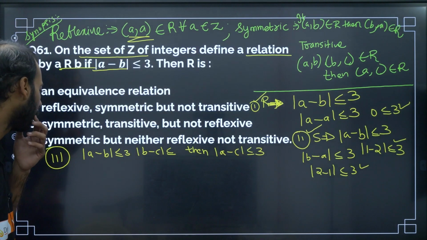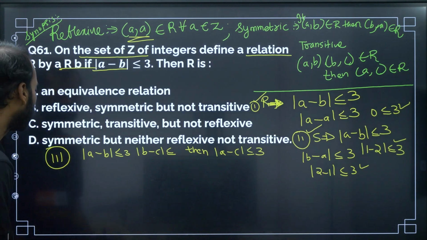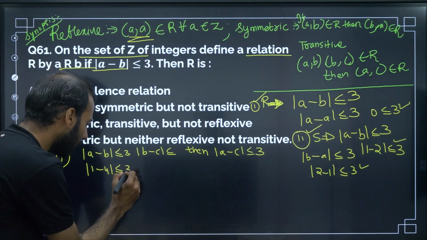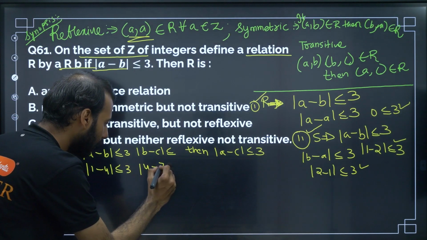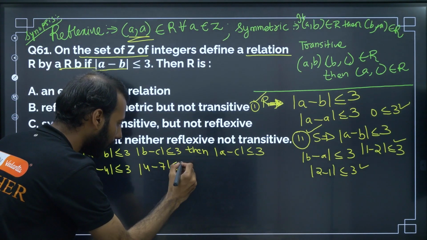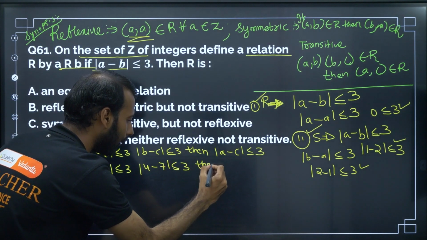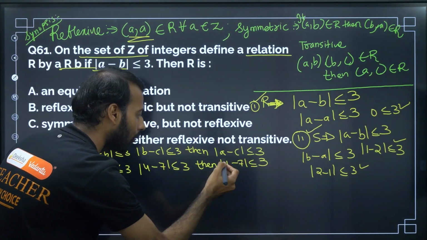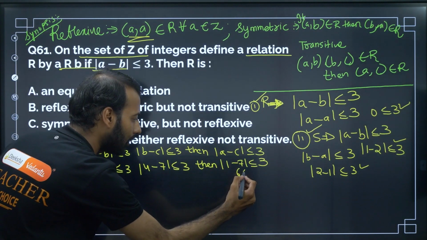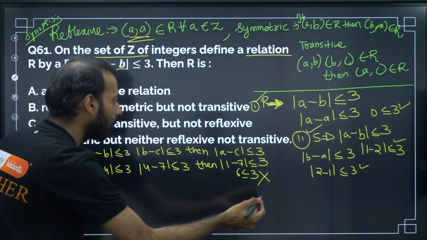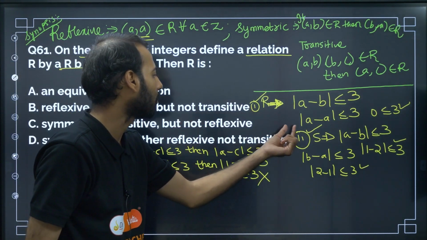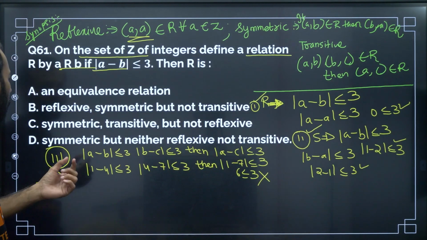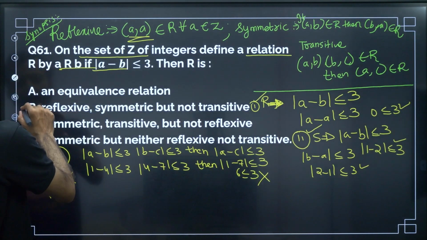Now 1 minus 4 is less than or equal to 3, yes. 4 minus 7 is less than or equal to 3, yes. Then 1 minus 7 less than or equal to 3, do you think this is possible? 6 is not less than or equal to 3, not possible. So the relation is reflexive, symmetric, but not transitive. So the option reflexive, symmetric but not transitive, B, is the answer.